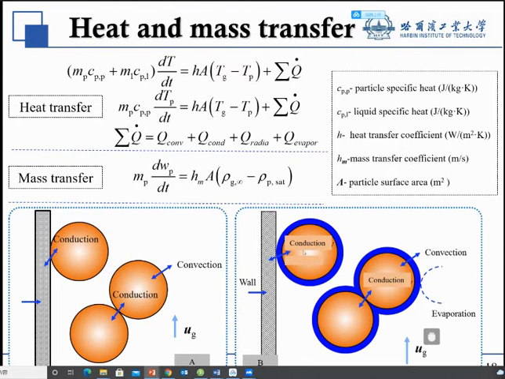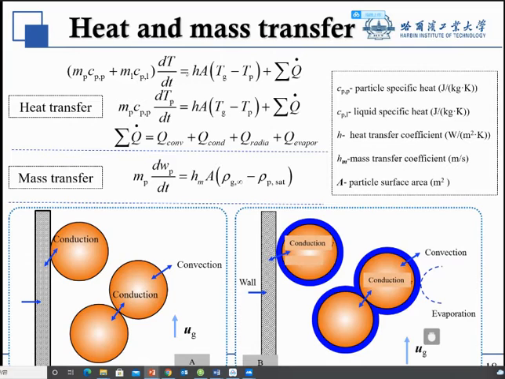For the wet particle system, we should consider the heat conduction between the wall and particles, heat conduction between particles, heat convection between particles and gas, and the water evaporation from the particle surface, because water evaporation also takes away some heat from the particles.